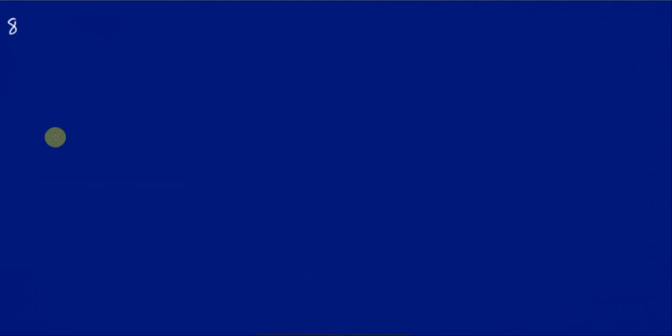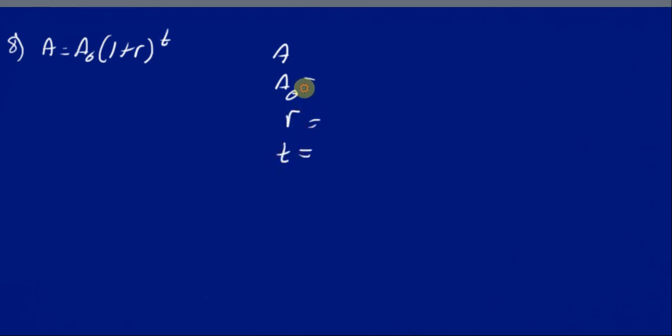Okay, number 8 is another reduction. We're taking ibuprofen, and each hour the amount of ibuprofen in your system is decreased by 29%. So again, we're just dealing with A equals A sub 0 times 1 plus R raised to the T. Always make these problems as easy as possible. Just list what you've got and then substitute into your equation.